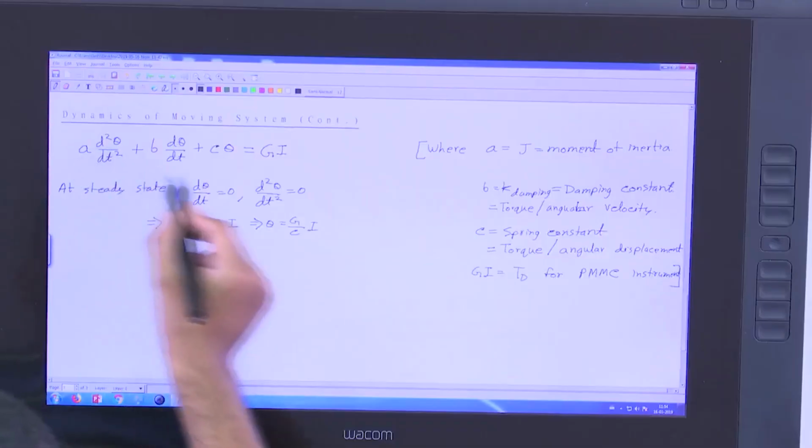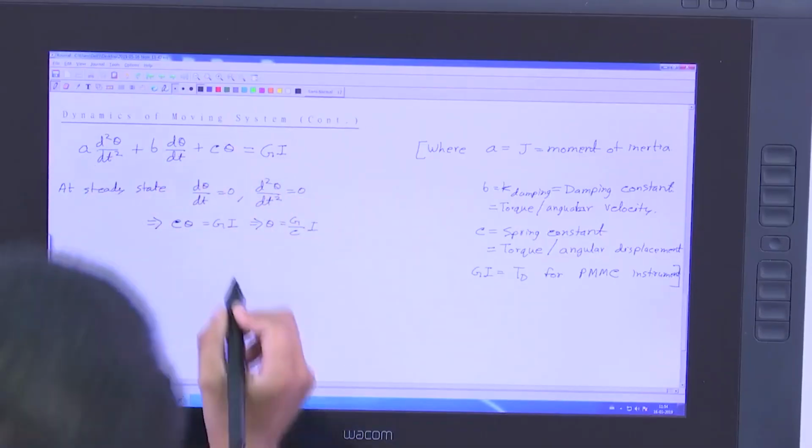So, all these questions we want to find out, and for that basically we have to solve this differential equation. Okay. So, this is a second order differential equation, we have to solve this equation.